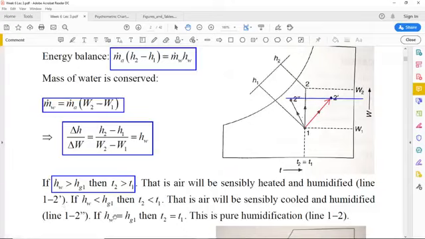On the other hand, if HW is less than Hg1, then we will have a process line which is shown by the process line 1 to 2 double prime, and this time you can see again we have an increase in the humidity ratio, but this time the dry bulb temperature has decreased.